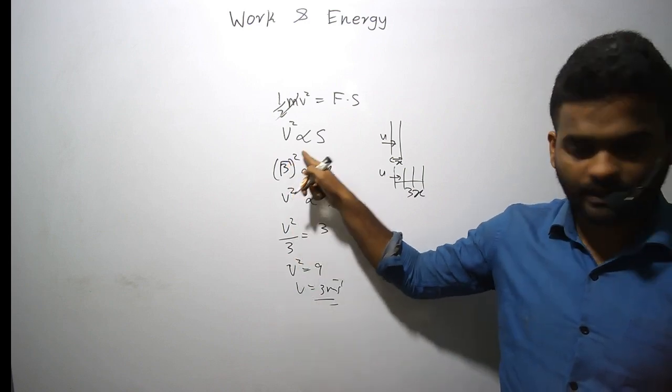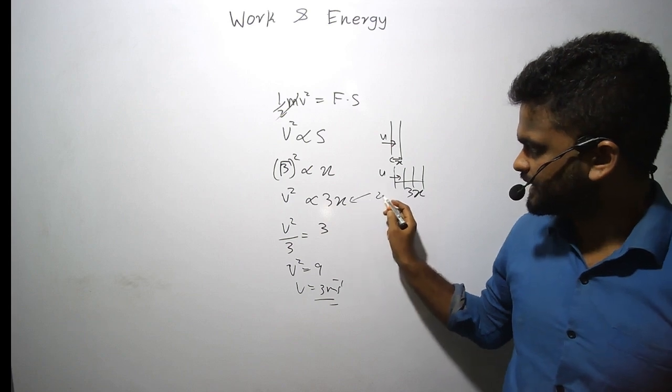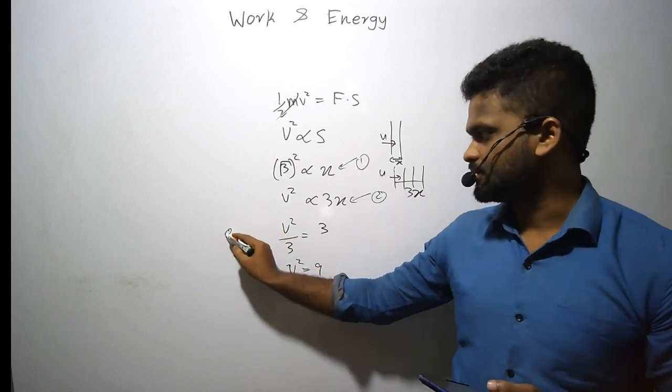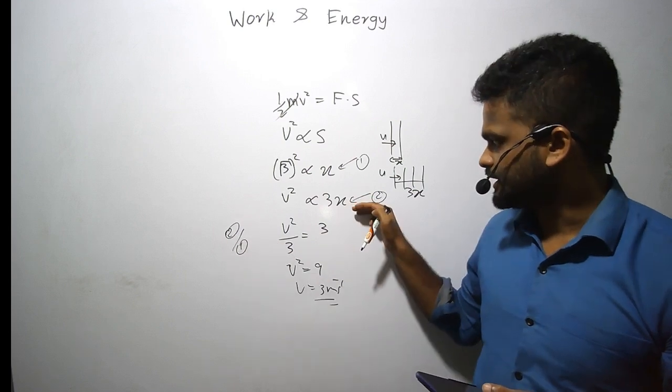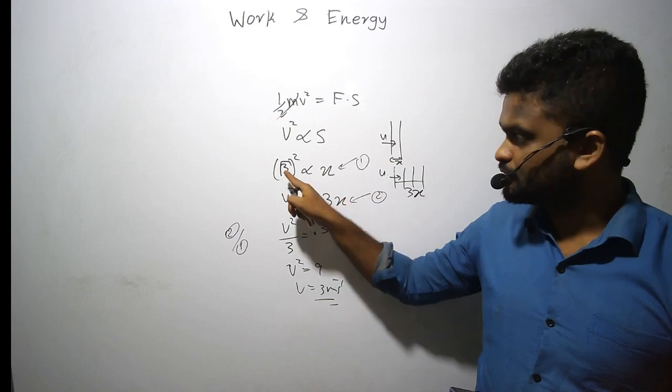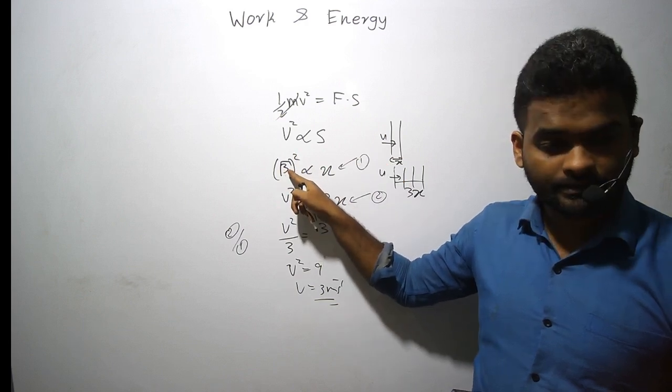Root 3 squared. So this is the second one, this is the first proportionality. I just divide the second proportionality by the first one. So root 3 squared means 3, right?